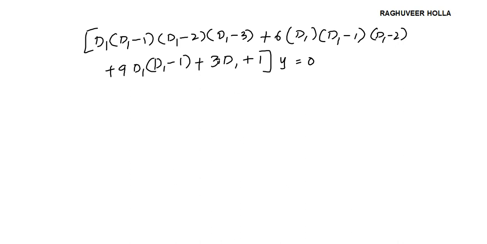Now when we try to simplify further, after simplifying everything, we get the normal differential equation, which is d1 power 4 plus 2d1 square plus 1, multiplied by y is equal to 0.